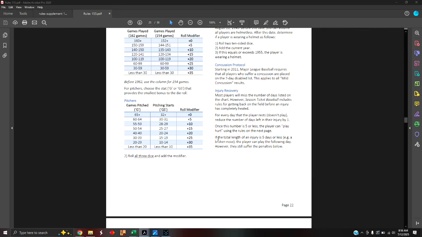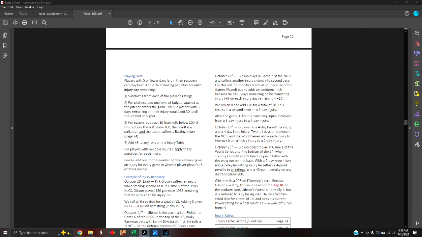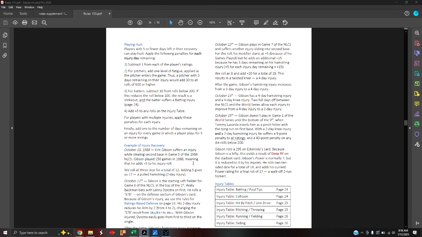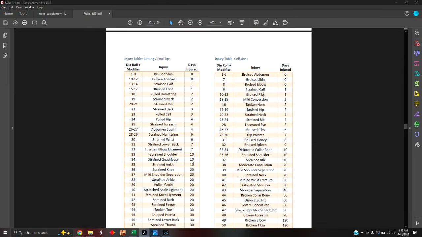Their days only get shorter if they do not play. If they come in and pinch hit even, their injury time does not get shorter. If they play 5 or more innings, not only do you not remove a day, but you add another day to the injury recovery. So that's how injury recovery works.